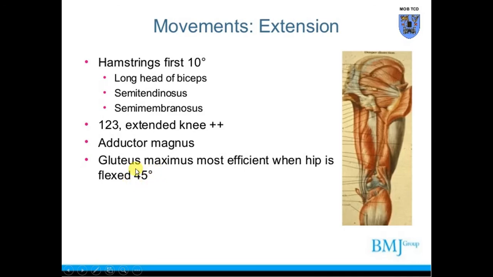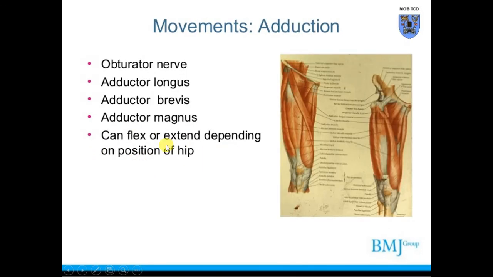You flex the hip joint up to 45 degrees, and then you extend the hip joint to go upstairs, and that part is played by the gluteus maximus. The first 10 degrees is the hamstring part only. Otherwise, the most important muscle is the gluteus maximus muscle.